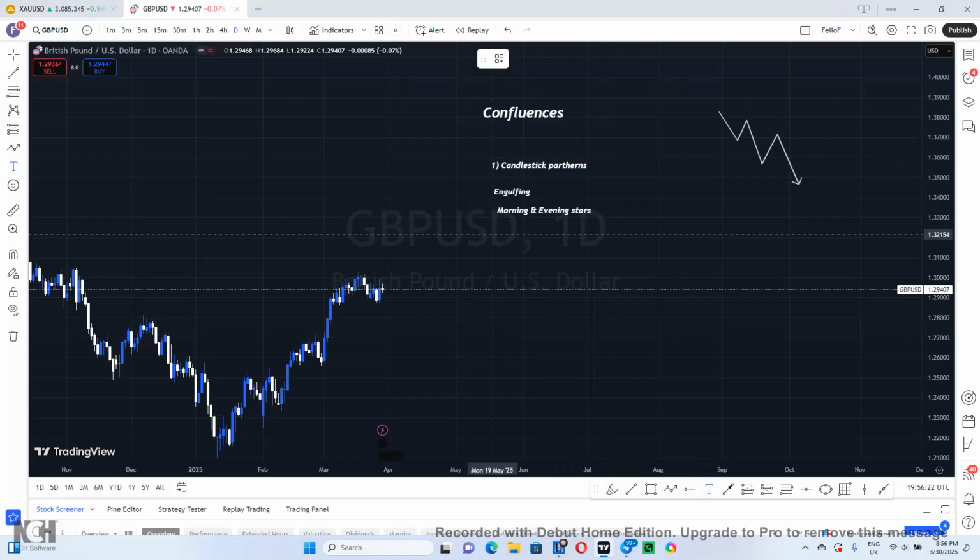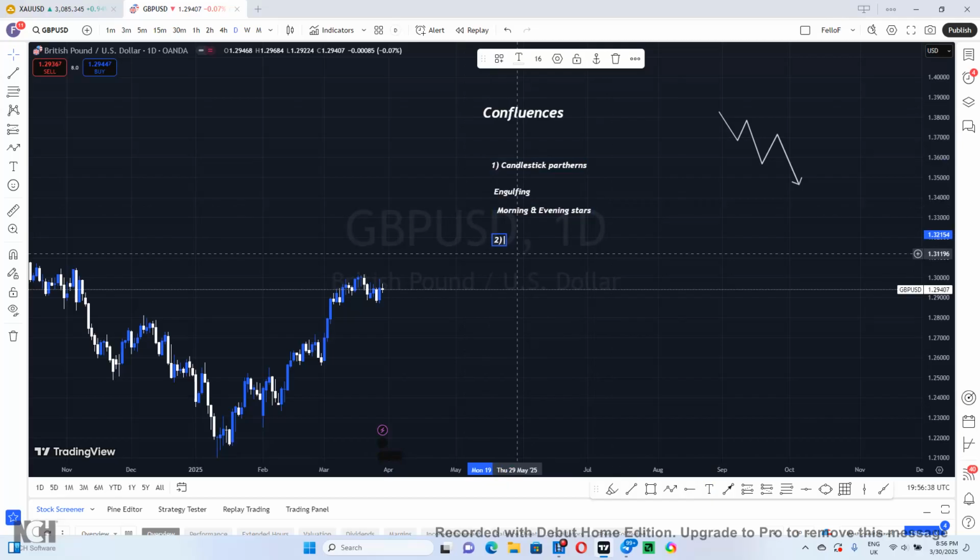We are doing this for simple understanding, so don't worry about my typing speed or whatever. Just concentrate on understanding what we're talking about. So we're talking about chart patterns. We spoke about candlestick patterns earlier. The first confluence is candlestick patterns. Now we're talking about chart patterns.